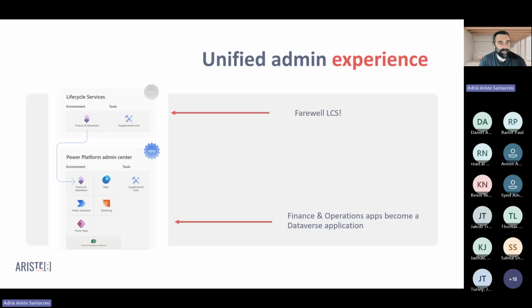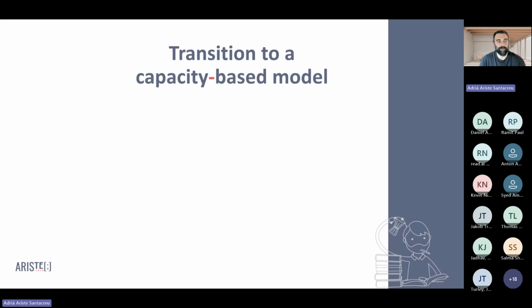There is something else that's quite important, and it's that we are moving from a slot-based capacity model, which means that on LCS, when you buy the 20 base licenses for FNO, you get one production slot, one sandbox slot, and that's all. And now in PPAC, we are moving to a capacity-based model. So depending on the number of licenses you have, you get a specific amount of gigabytes or capacity on Dataverse.